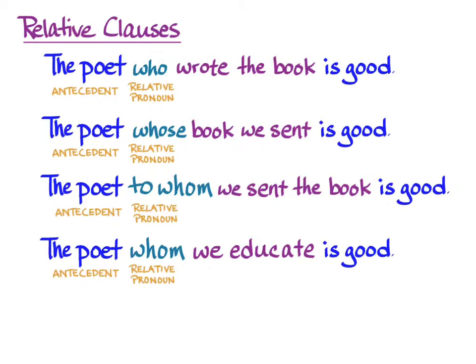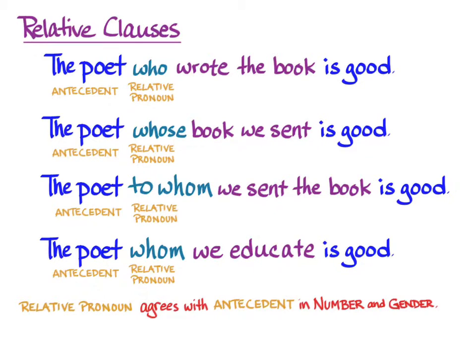As you can already see, the English relative pronoun is one of the few places that English still has case endings. The basic rules you need to know for relative clauses in Greek are that the relative pronoun agrees with the antecedent in number and gender. In the first sentence, the antecedent is the poet, and the who is looking back to the poet.